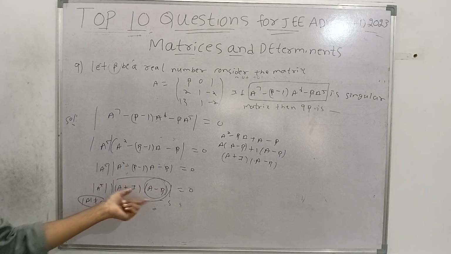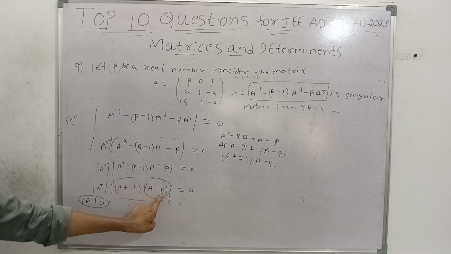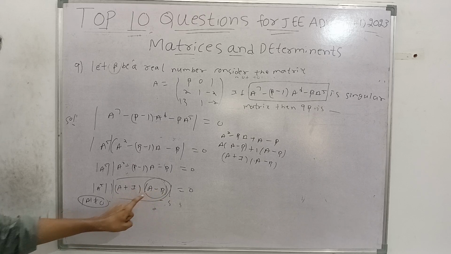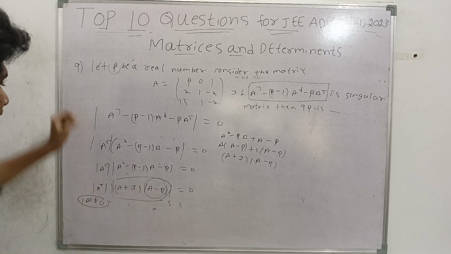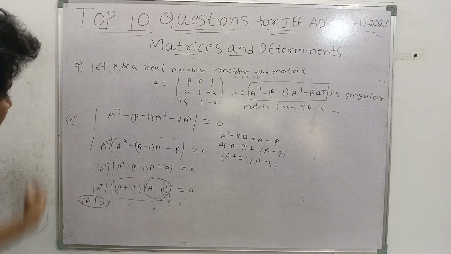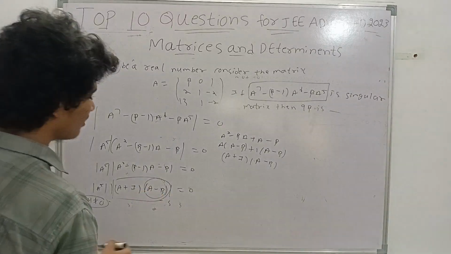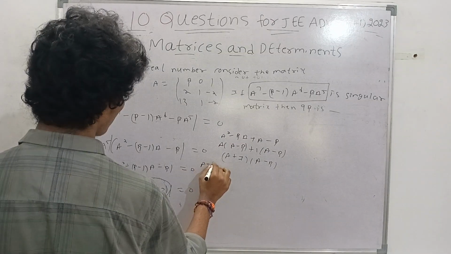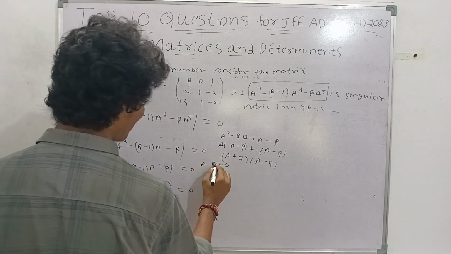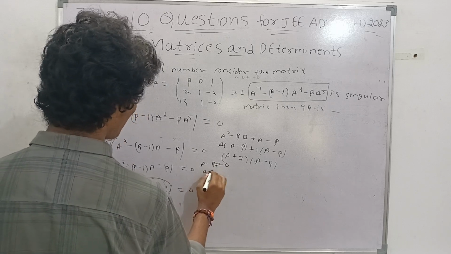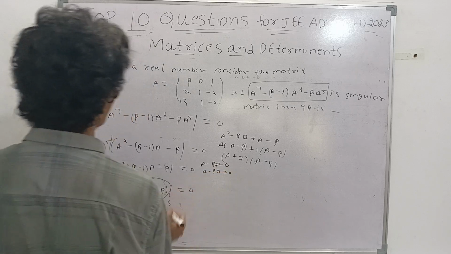That is A square minus beta A plus A minus beta. Yes, it is plus A and minus beta. Yes, it is correct. And these things should be equal to 0, and especially A minus beta should be equal to 0. A minus beta into I equal to 0. So what is A?